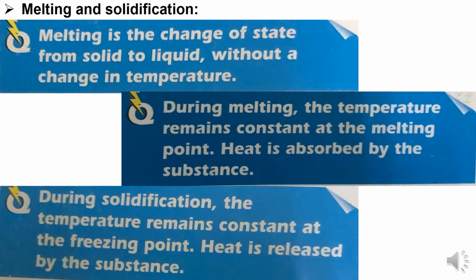In case of water, the melting point is 0 degrees Celsius. During melting, the temperature remains constant. At the melting point, heat is absorbed by the substance. That means you will get the heating curve. You are supplying heat energy, so the ice will absorb the heat energy, start to melt, and form water.